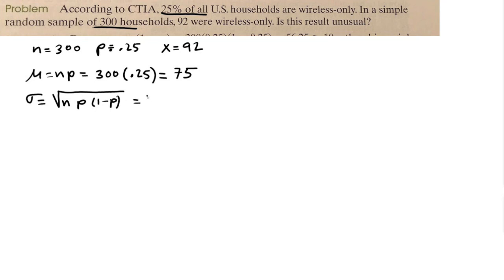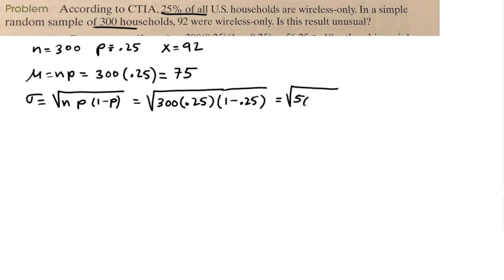So that's going to be the square root of 300 times 0.25 times 1 minus 0.25, which is the square root of 56.25, which is roughly 7.5.